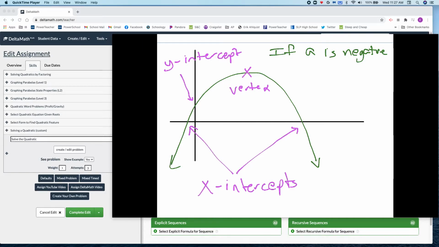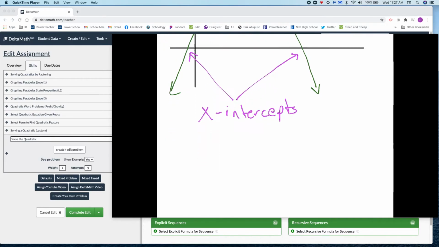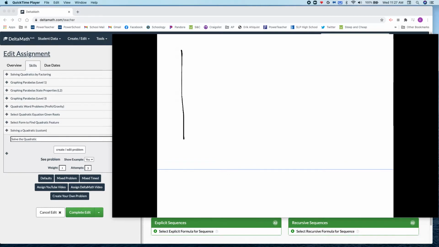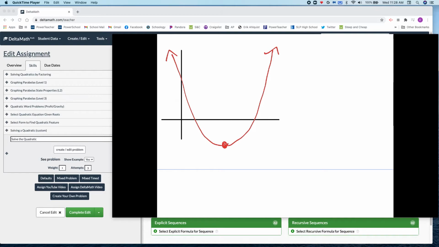I'll do a couple of problems on the Delta Math assignment, but that's what you're going to be looking at. Now, you can get a little bit more from this. If I draw a parabola that looks like this, notice that from this tip going this way, the graph is increasing.